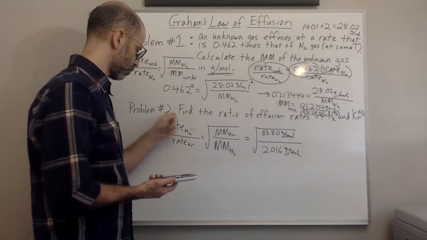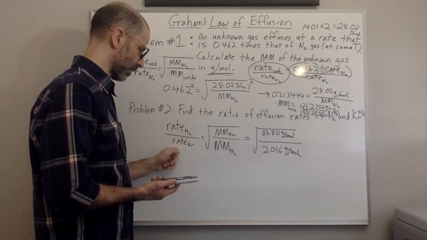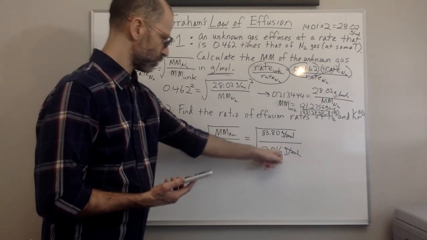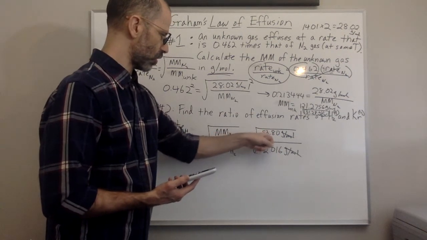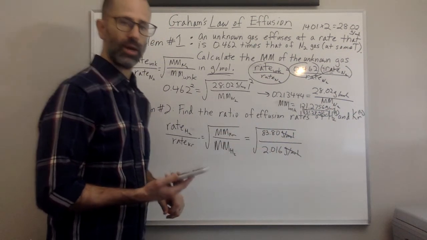So we should get a ratio that's greater than 1. So that's the way you want to think about it. So if we do this, notice here that we have a smaller denominator and larger numerator. So we are going to definitely get a number greater than 1.